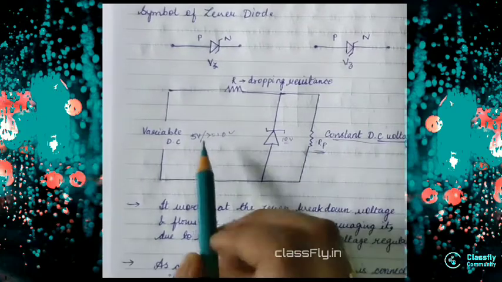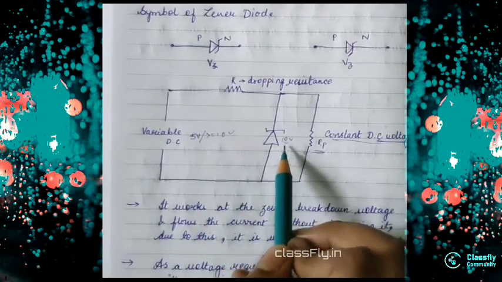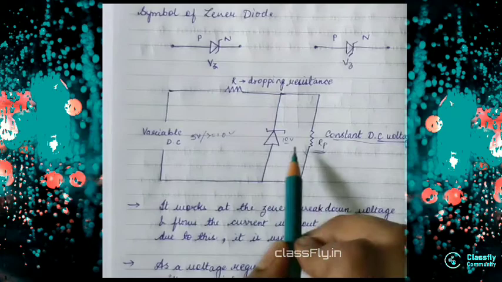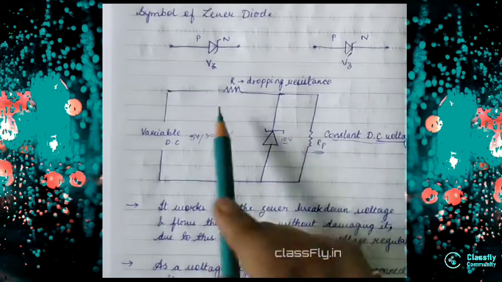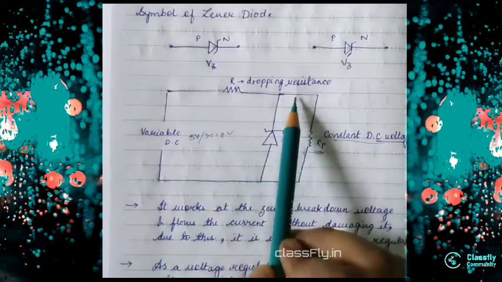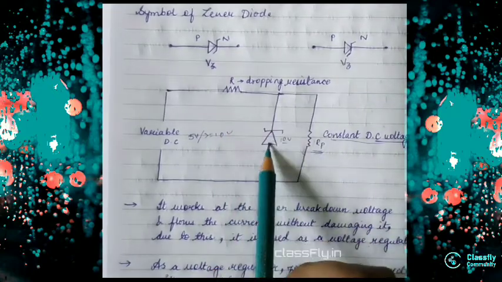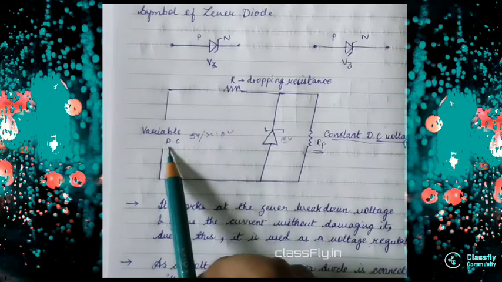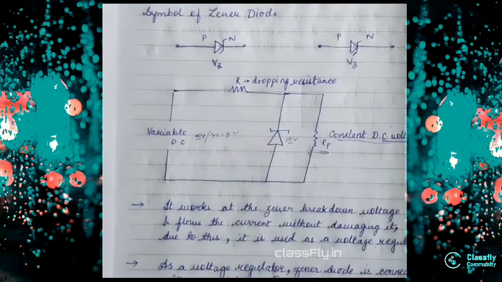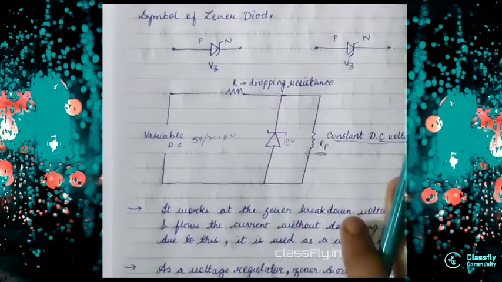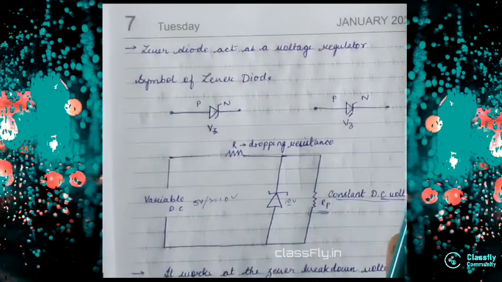Whenever the current flows at this breakdown voltage, in parallel this resistance will have a constant DC voltage, and there will be a fluctuation or a drop across the series dropping resistance, where we give the supply of the variable DC. So basically this is how the Zener diode acts as a voltage regulator.